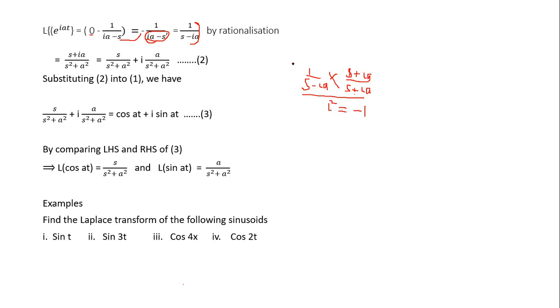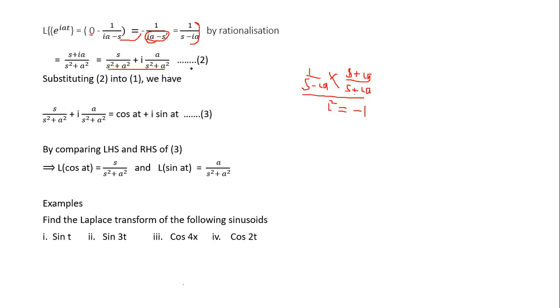So when you rationalize this, we are going to get x minus ia all over x squared plus a squared. So you cannot separate them into two fractions. Therefore, we have s over s squared plus a squared plus ia over s squared plus a squared.